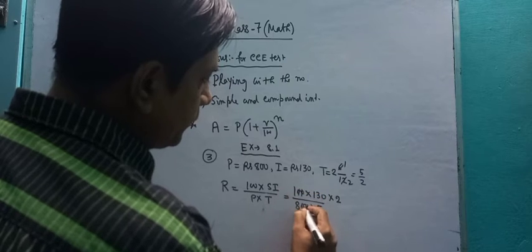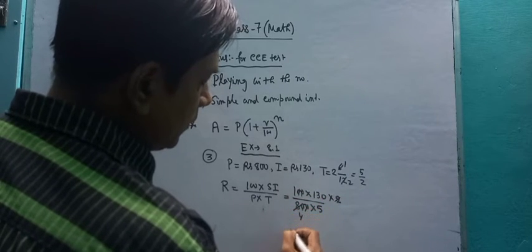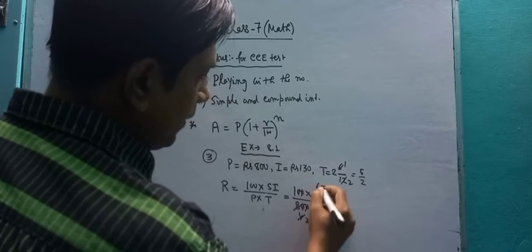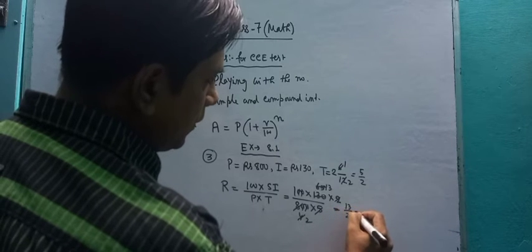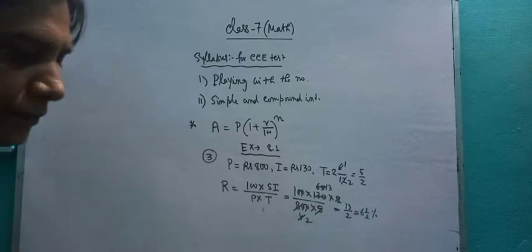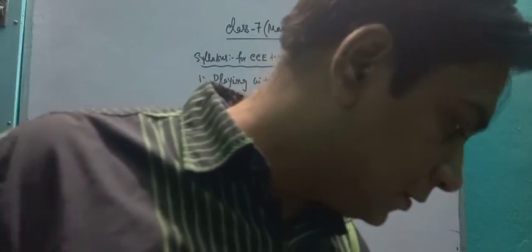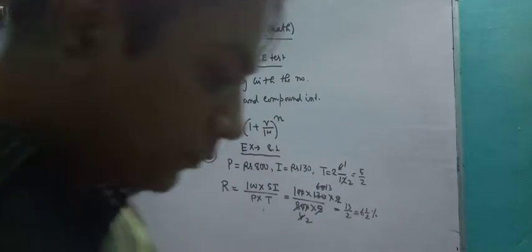The zeros cancel, and we get 13 by 2, that is 6 whole number 1 by 2 percent. We did the math with it. Clear?